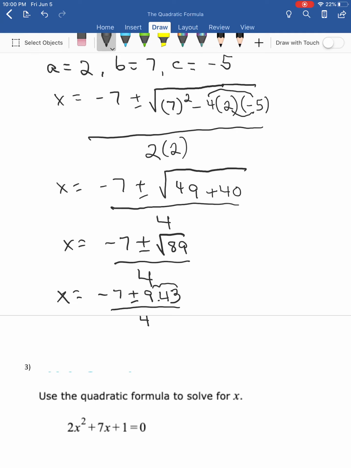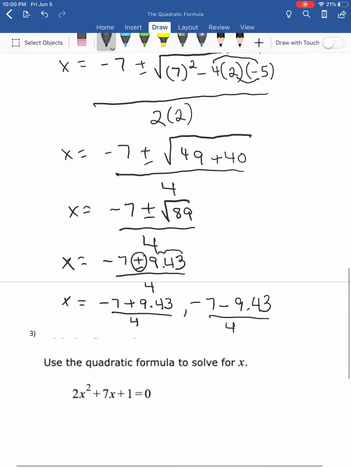Now we'll separate the plus or minus. x equals negative 7 plus 9.43 over 4, and negative 7 minus 9.43 over 4. Now it's just calculator work from there.